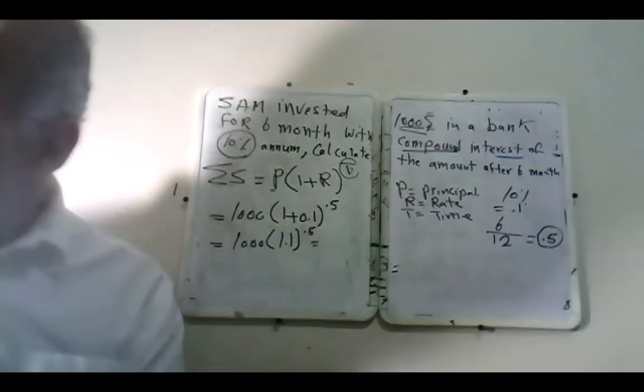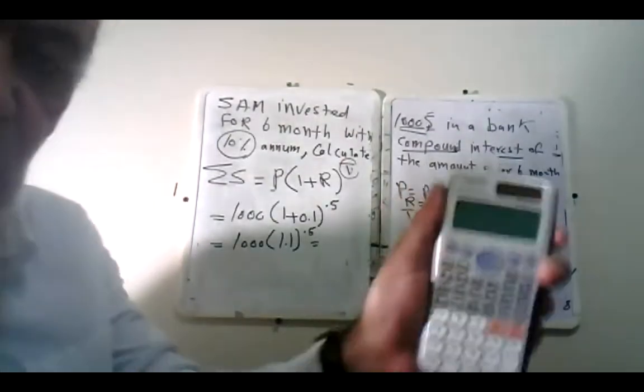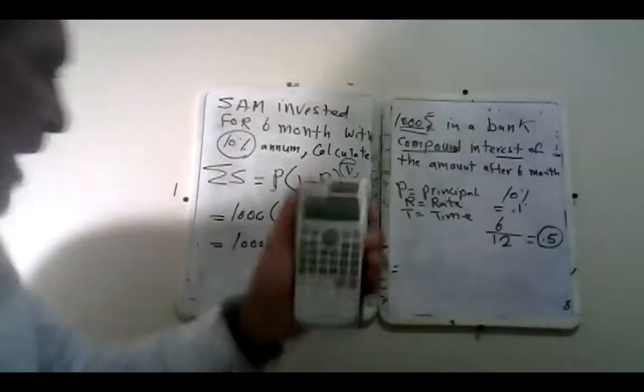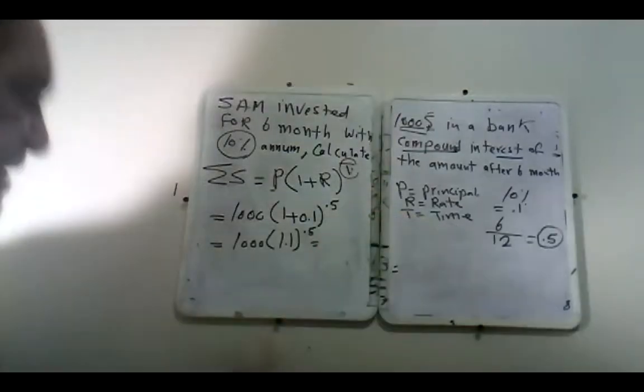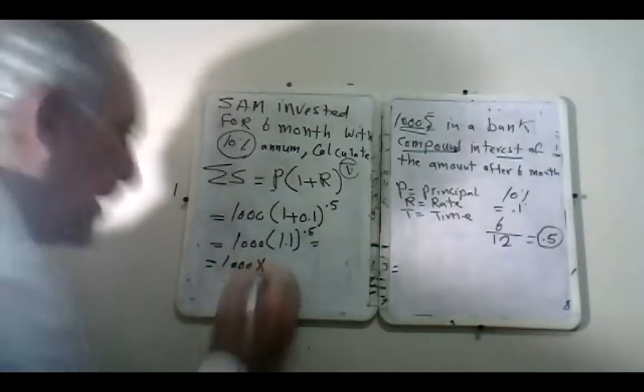Do it with the calculator, the same thing. I will keep the 1,000 here, multiplied by.